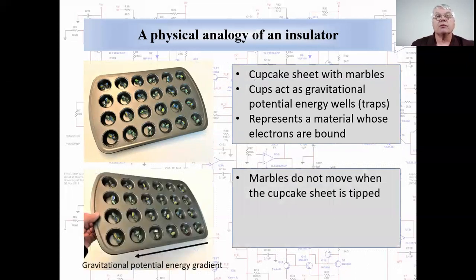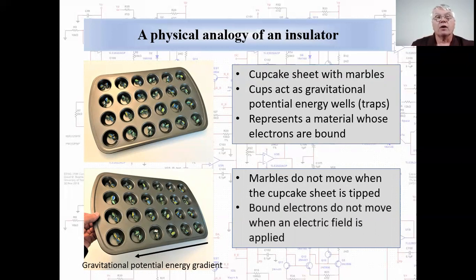Tipping the cookie sheet creates a gravitational potential gradient, but the marbles do not roll toward the lower end because they're trapped within their wells. Bound electrons cannot move in response to an electric field, just as these bound marbles cannot flow in the presence of a gravitational field. This is a representation of an insulator.